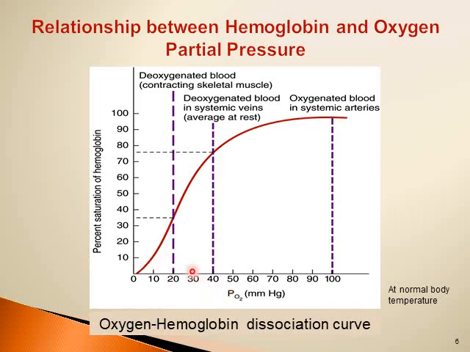So in the veins or in the tissue where the partial pressure of oxygen drops in the cells down to 40, hemoglobin affinity for oxygen will decrease because the partial pressure will drop, so hemoglobin will release more oxygen to the cells of the peripheral tissue.